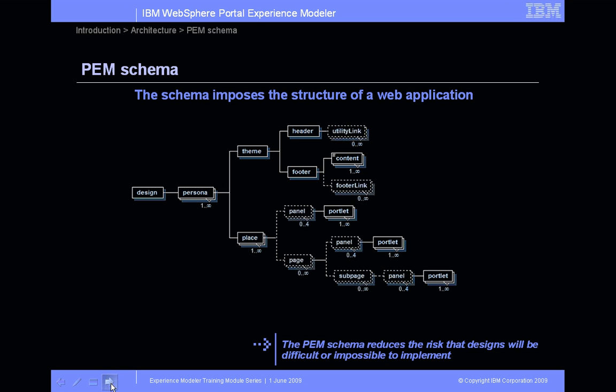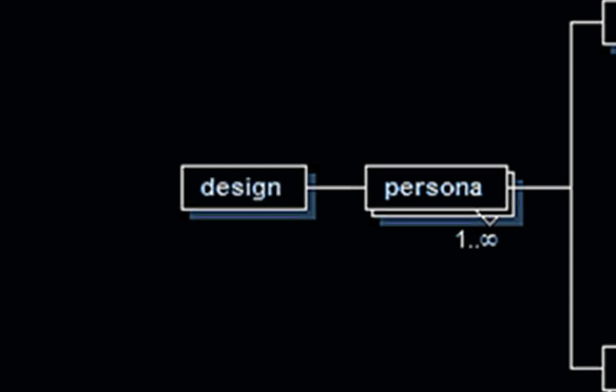The schema for the Portal Experience Modeler demonstrates what is both possible and, perhaps more importantly, not possible when you create prototypes with the Experience Modeler. From this tree diagram here, you can see basically all of the elements that are possible to include within the Experience Modeler.